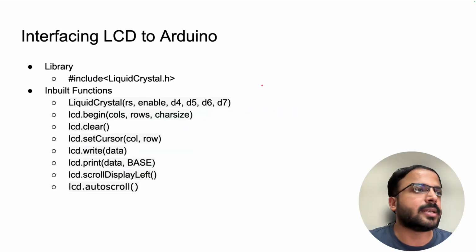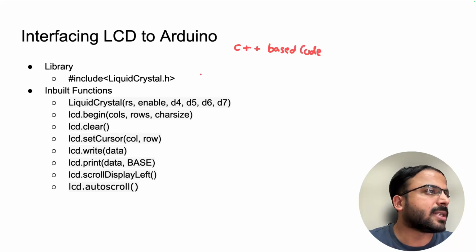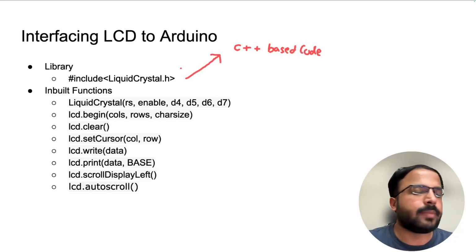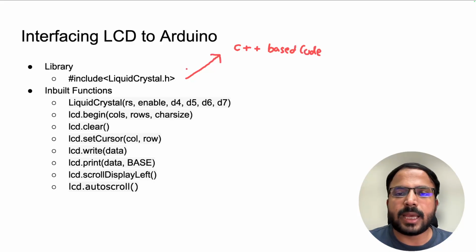Now we have designed the circuit. We know that Arduino is a C++ based environment, C++ based code. So what we have done is include this LCD library, which is compatible with most LCDs present worldwide. This library has all the inbuilt functions which help us create our code in a much more efficient and convenient manner.